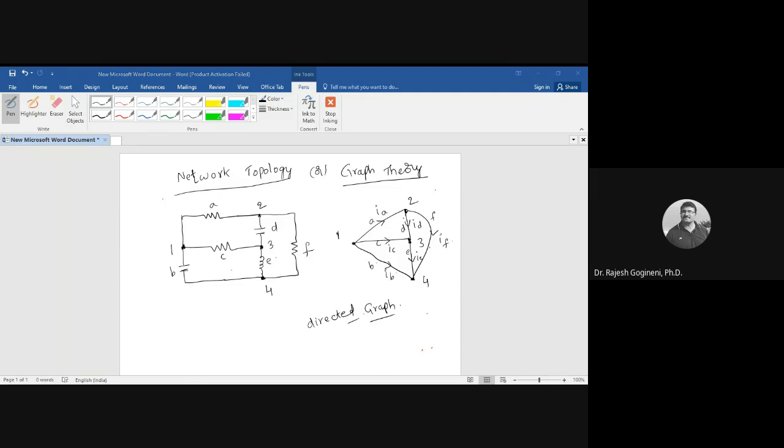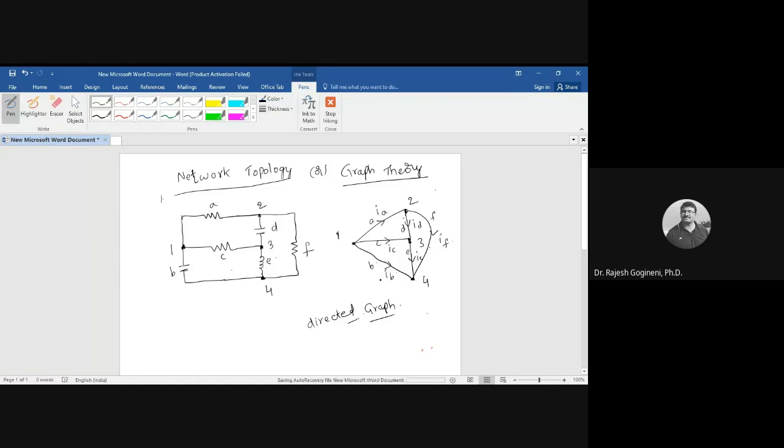Okay. So what we have written here, simply we replaced our network with the given nodes, whatever nodes are given in the original network, and the different interconnections between the nodes. So that means nothing but the branches. So how many branches are there in this network?